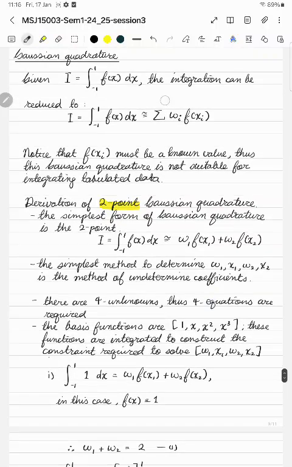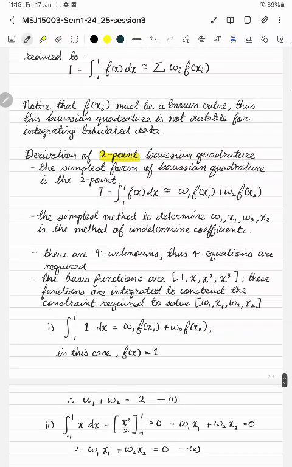If you write the summation into its components, you have the integral I equals the integration from -1 to 1 of f(x) dx, which equals w1 multiplied by f(x1) plus w2 f(x2). So here we have 1, 2, 3, and 4 unknowns, so we need 4 equations. The unknowns are w1, x1, w2, and x2. The values of x1 and x2 are unique.